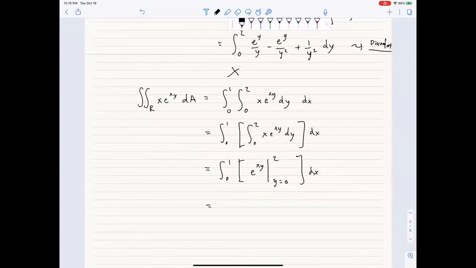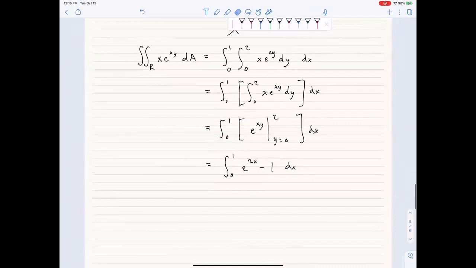Here I get something very simple. The integral from 0 to 1 of e to the 2x minus 1 dx. And there. Now I can integrate with respect to x. Life is good.